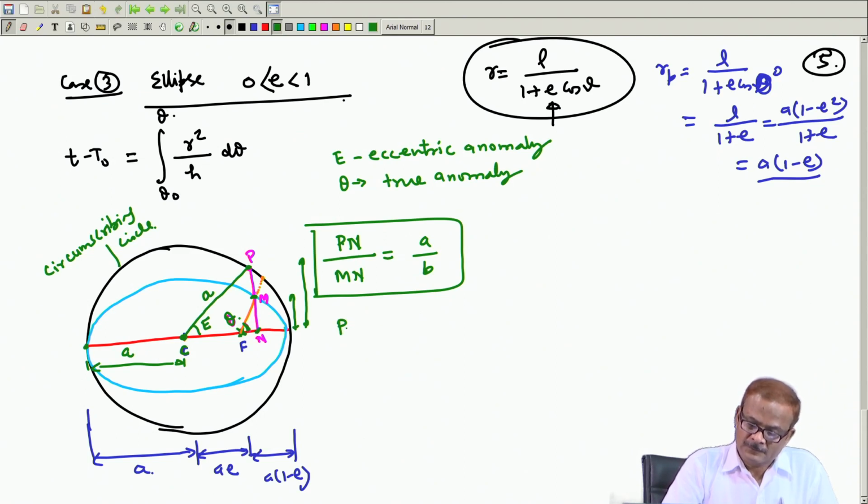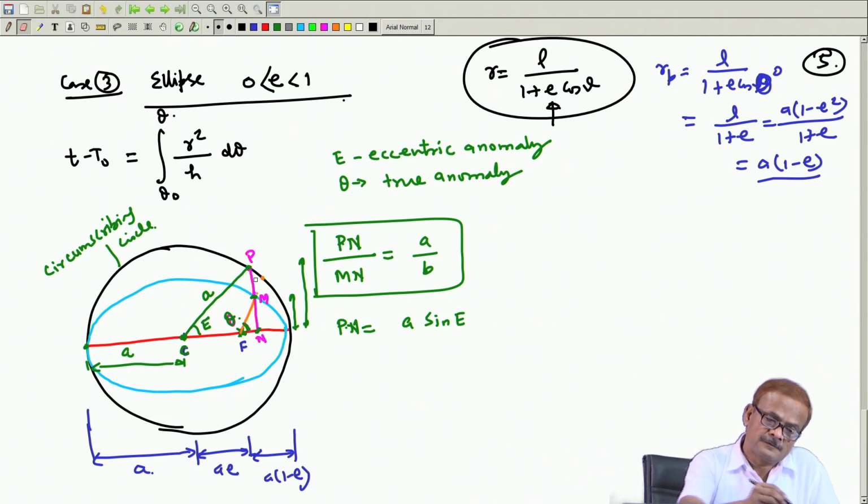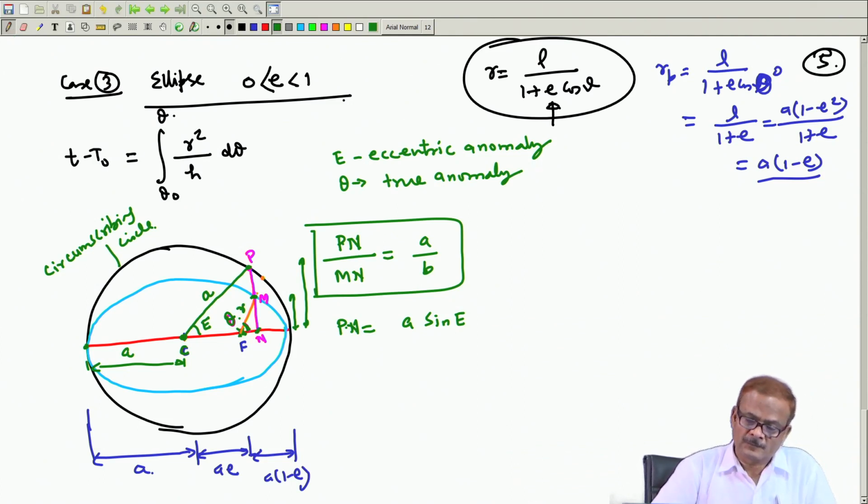So, Pn will also be equal to a sin E, while the quantity shown by the orange line, from this place to this place, this is r, and the angle is theta here.